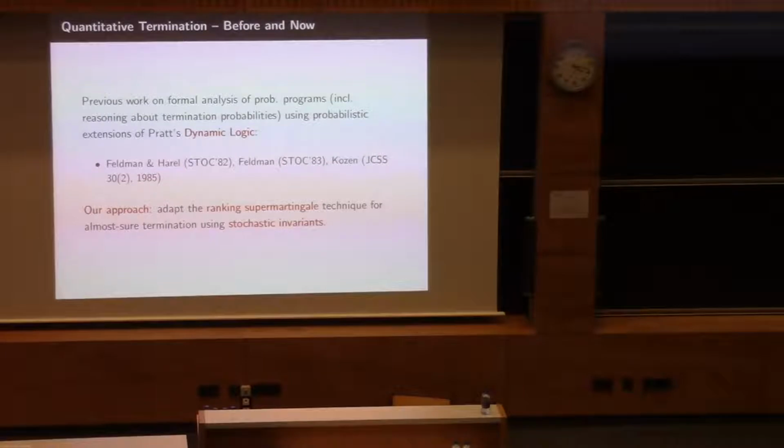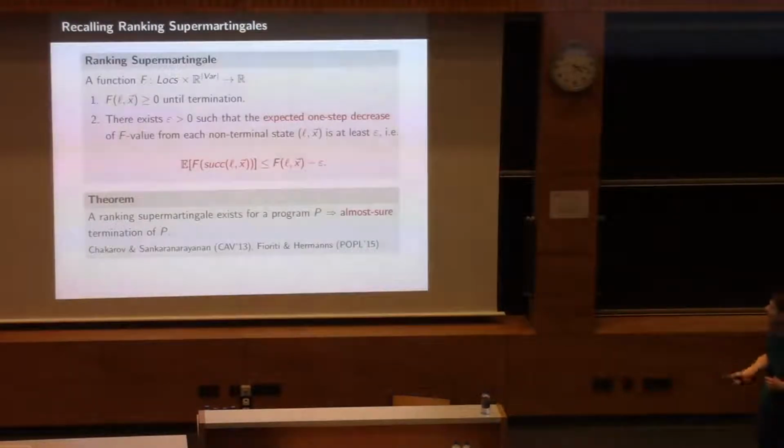Before I present what this new stuff is about, let me recall what these ranking supermartingales are and how they were used. A ranking supermartingale is basically a probabilistic analog of a classical ranking function. Formally, it is a function which assigns numbers to program states, and it has to satisfy the following two conditions in each state in which the program is not yet terminated.